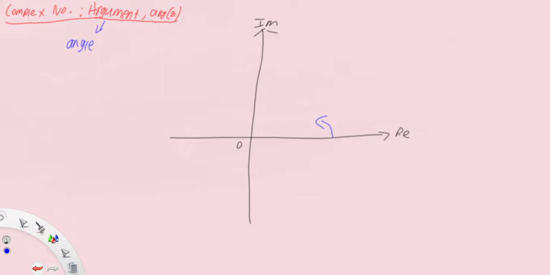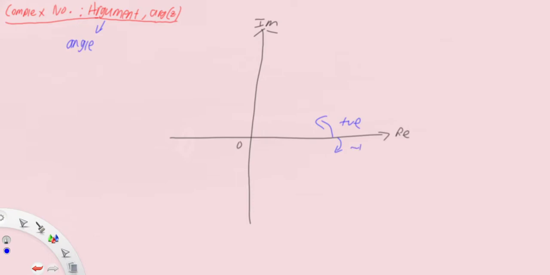However, in complex numbers, something not talked about often is that we can also measure from the positive real axis clockwise. What's the difference? Anti-clockwise is still a positive angle.